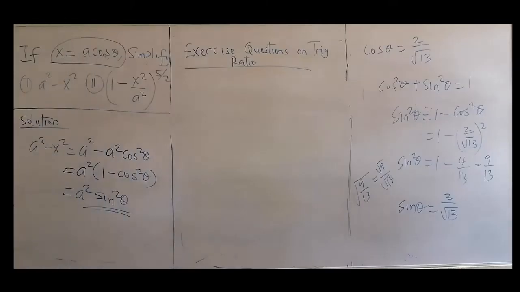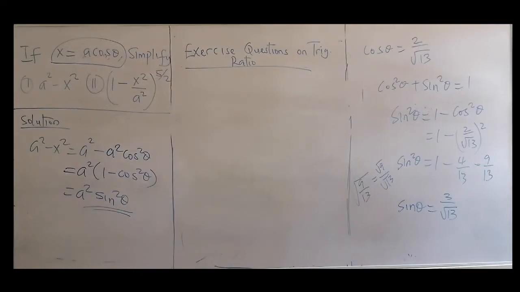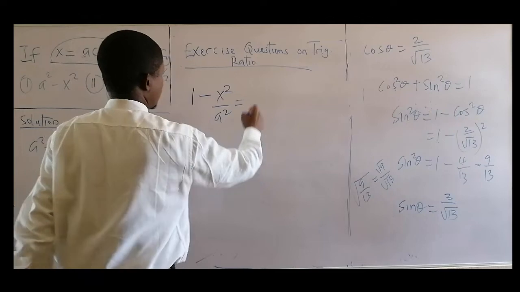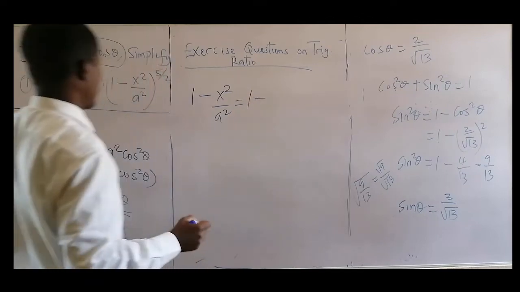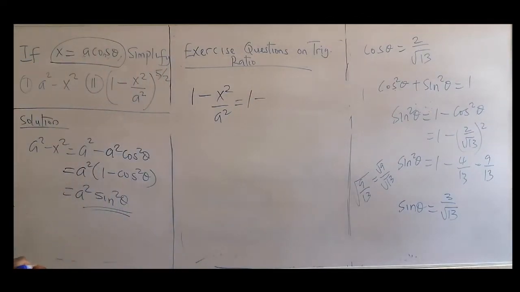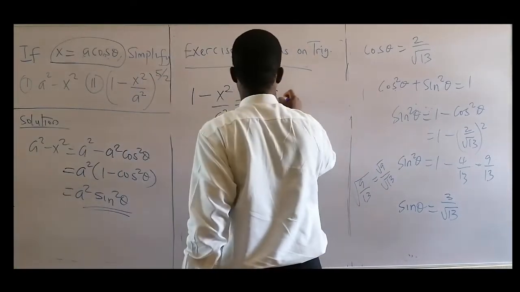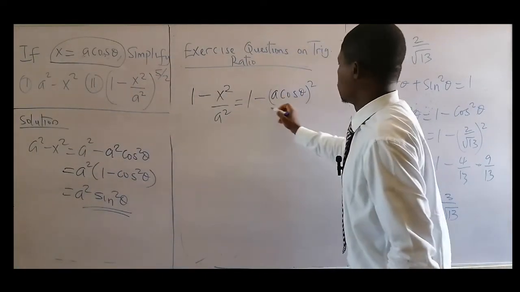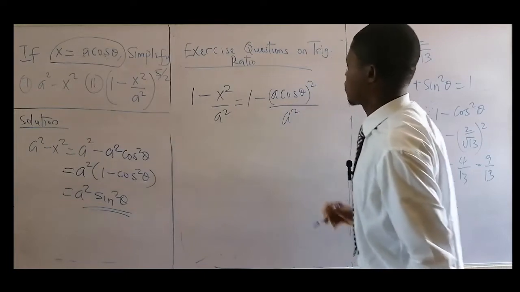Okay. The second one, we have x squared over a squared. That will be equal to 1 minus, we have the value for x, that's a cos theta squared, all over a squared.